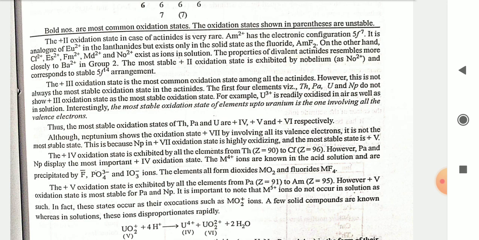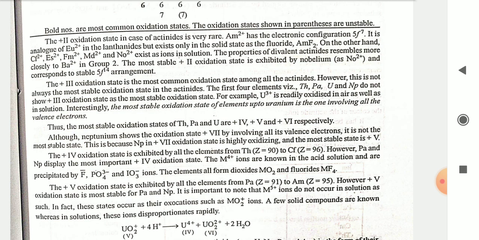The +5 oxidation state is exhibited by all the elements from Pa, Z equal to 91, to Am, Z equal to 95. However, the +5 oxidation state is more stable for Pa and Np. It is important to note that M5+ ions do not occur in solution as such.